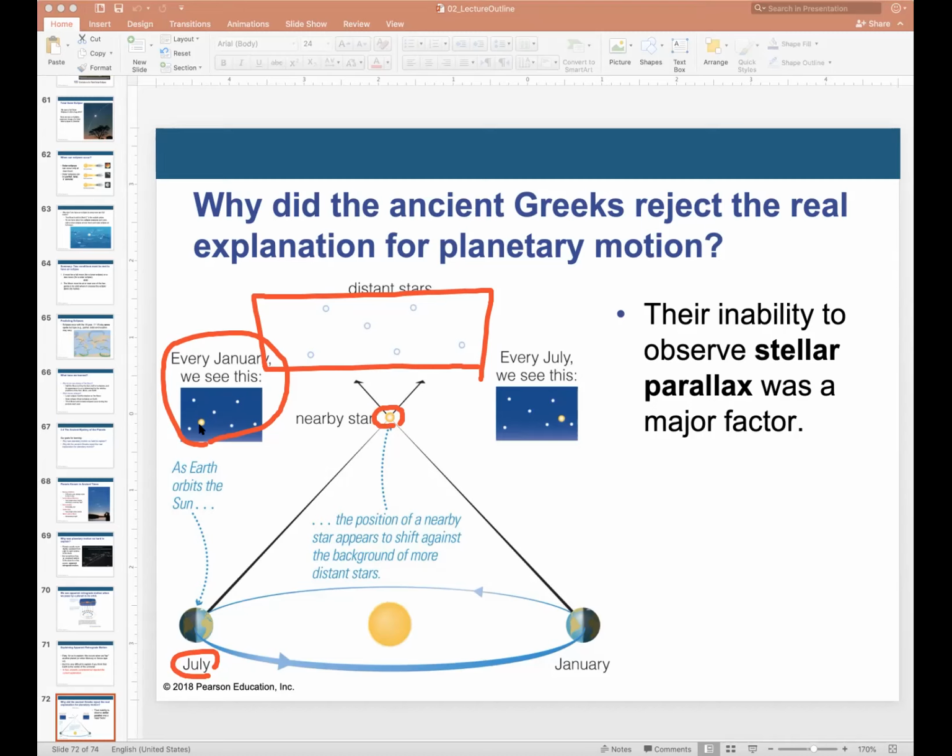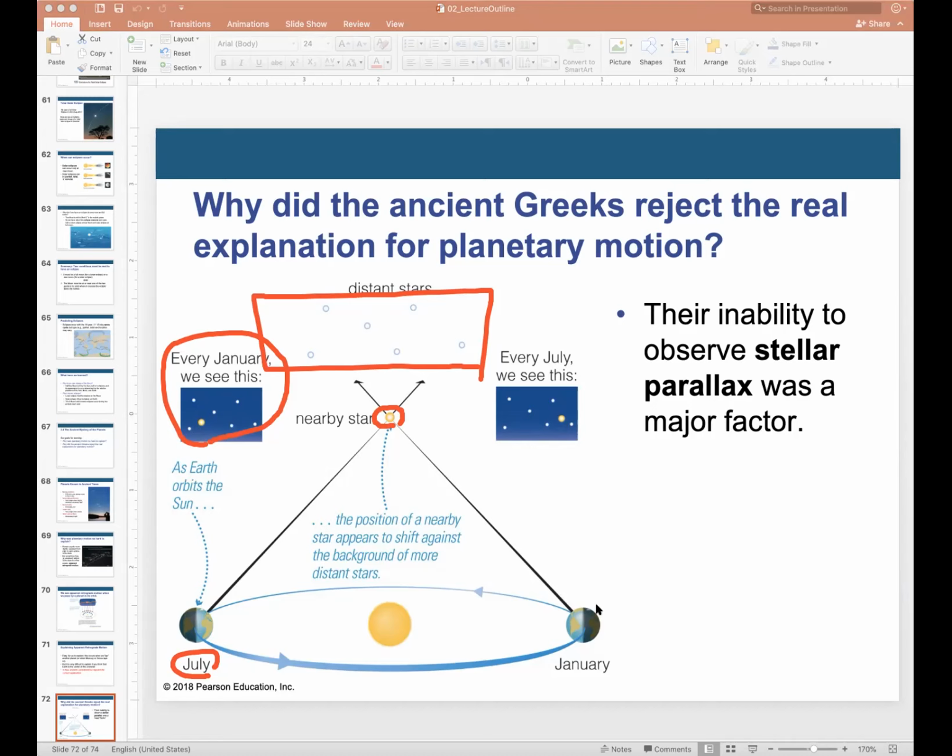It was here in January, now it's moved to the right in July, six months later. They couldn't see this. So they thought, okay, maybe we are in the center of the universe, because if we were not in the center of the universe, we would be able to see this stellar parallax.